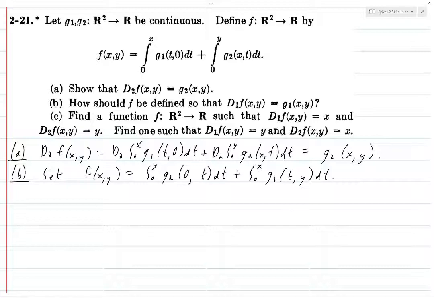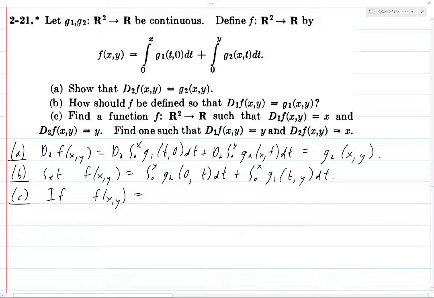And then C is weird because I don't understand how we're supposed to use parts A and B here. I guess it's helpful to get you started. Let's just start with part A. So d2 of f equals this thing. So when we take d2, we want to get y. So we want g2 of x comma y to be y.